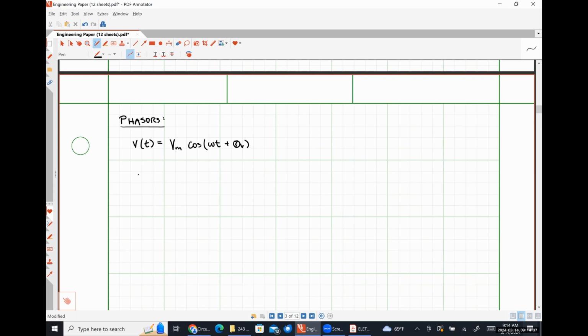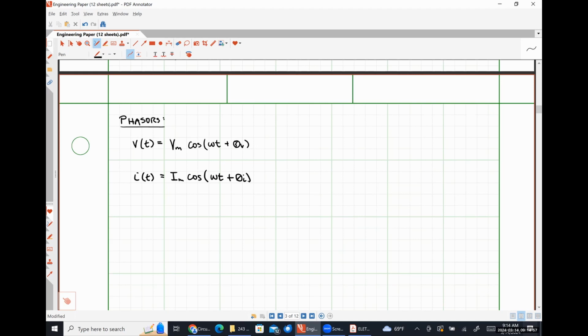And while we're at it, let's go ahead and introduce a current waveform as well. Im cosine omega t plus theta i. So I want to point something out here.